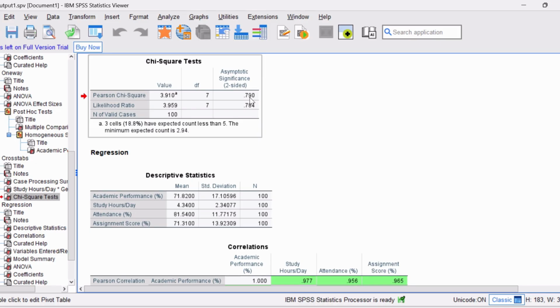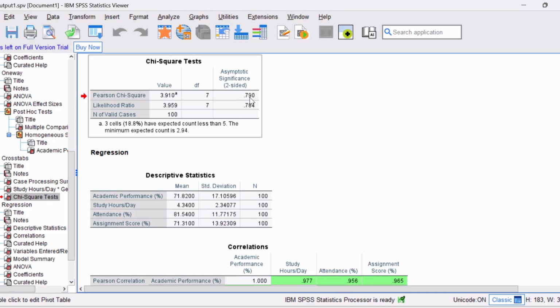So in conclusion, what have we learned? This study helps us see the different statistical tests and how they can be used to answer different research questions. Descriptive statistics summarized the sample. In addition, frequency distributions describe participant characteristics. The Pearson correlation showed a very strong positive relationship between study hours and academic performance.